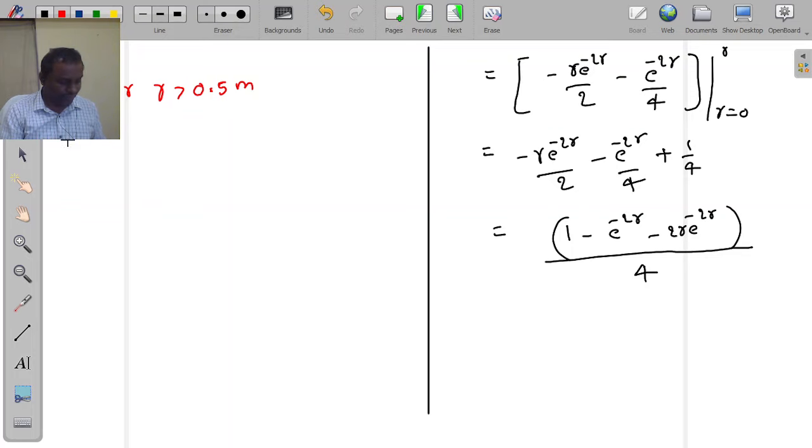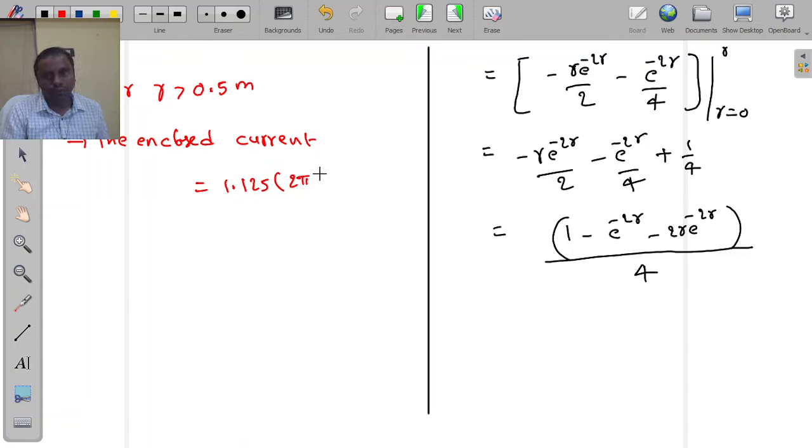Now the enclosed current will become, in this case, the enclosed current will become 1.125 into 2 pi into 1 minus e power minus 2r minus 2r e power minus 2r, where r will become 0.5 meters.